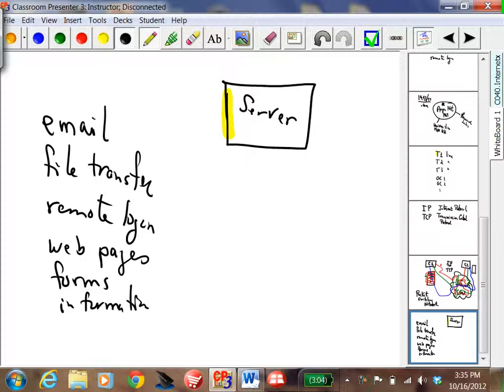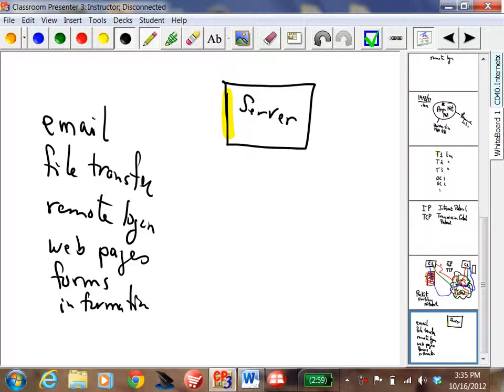Now, there are servers. There are email servers. There are file transfer servers. There are remote logon servers. There are web servers. There are all kinds of servers available on the internet.